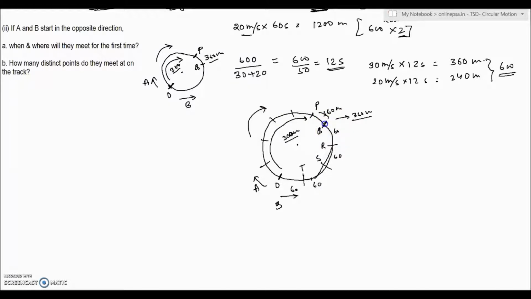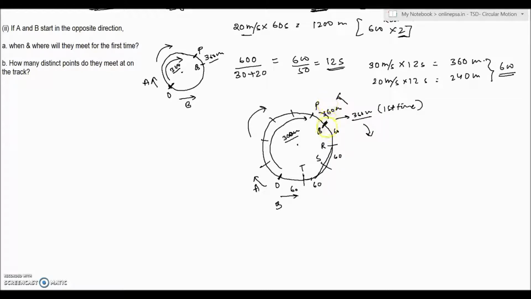Now at Q, both A and B are meeting for the first time. Now let us think about when they start from here and A moves in this direction and B moves in this direction, where will they meet again? We can consider Q to be just like how it was O for the first case. So A will cover another 360 distance and B will cover another 240 meters in the opposite direction to meet, right?